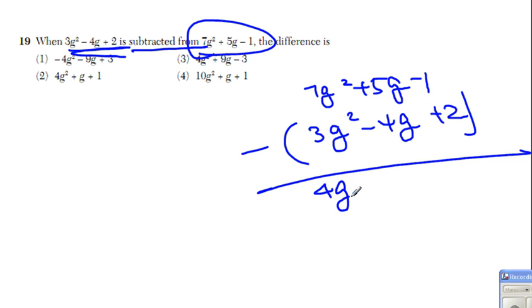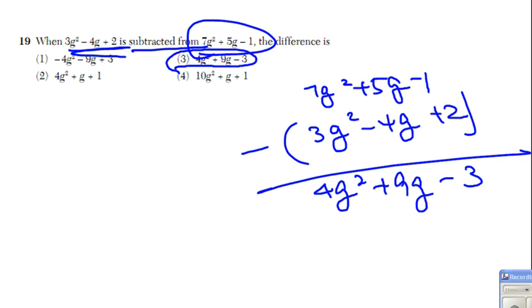So here we have 4g squared, and then negative negative becomes positive, plus 9g and minus 3. So we'll end up getting choice number 3 right over here.